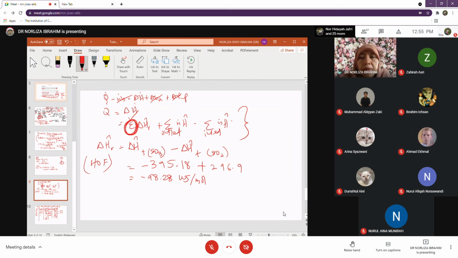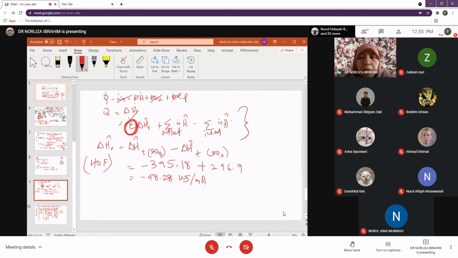Alright, any other question? If no question, then I will stop here. Next week, we will cover the heat of formation method, the other way of solving the reactive energy balance. For ODL, we never specify the method.